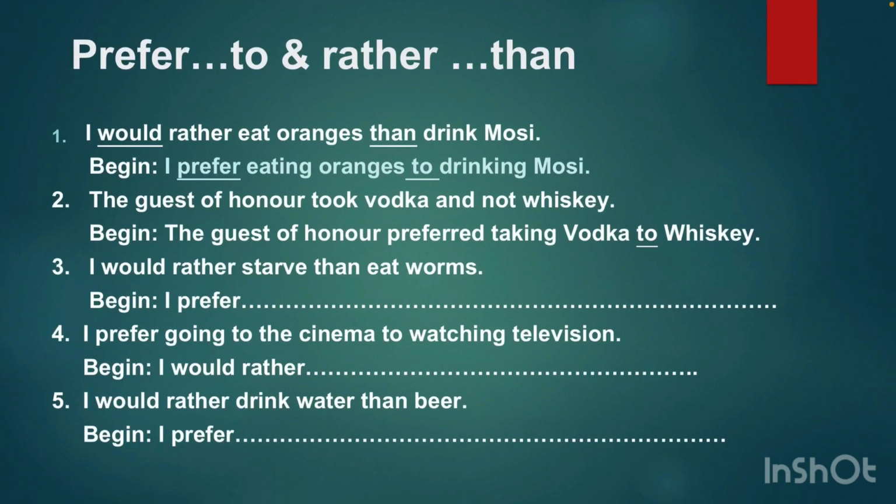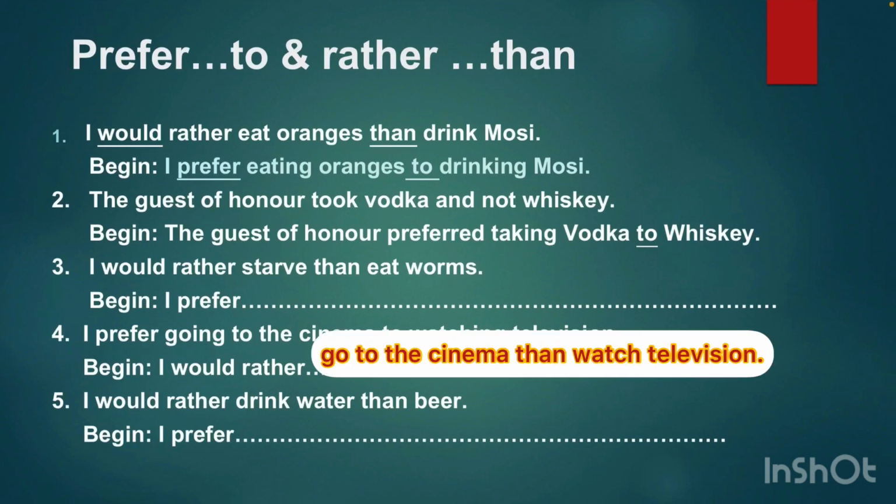So look, when we use I prefer, the verb is always in present continuous. But for rather than, the verbs must always be in neutral form, present. I would rather go. Going will change to go. I would rather go to the cinema than watch television.